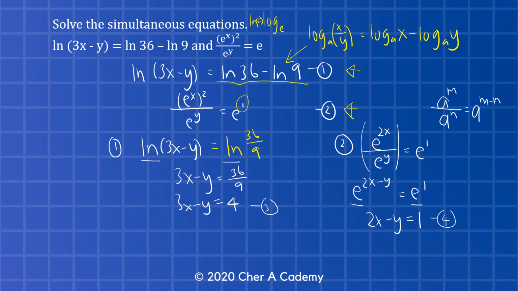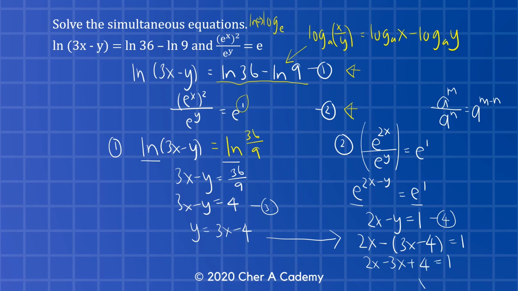So I'm going to make y the subject here: y equals 3x minus 4. I'm going to substitute it into my equation 4. So I have 2x minus (3x minus 4) equals 1. When I simplify this, 2x minus 3x plus 4 equals 1.